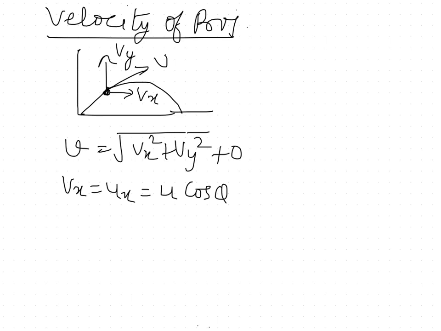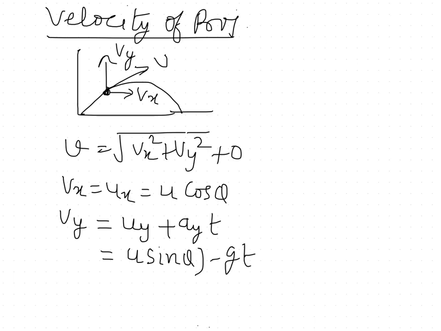While in the y direction we can calculate velocity by using the first equation of motion, that is uy plus ay into t. So that is equal to u sin theta minus gt. So that is the y component of the final velocity.